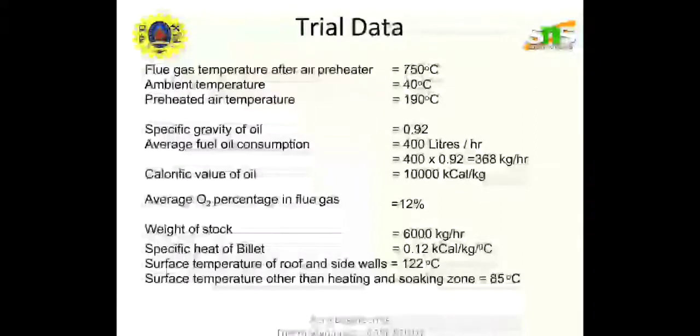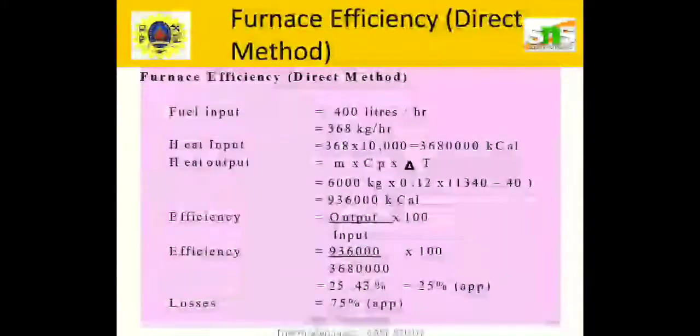Calorific value of oil is 10,000 kilocalories per kg. Average O2 percentage in flue gas is 12%. Weight of stock is 6000 kg per hour. Specific heat of billet is 0.12 kilocalories per kg per degree Celsius. Surface temperature of roof and side walls is 122 degrees Celsius. Surface temperature other than the heating and soaking zone is 85 degrees Celsius.